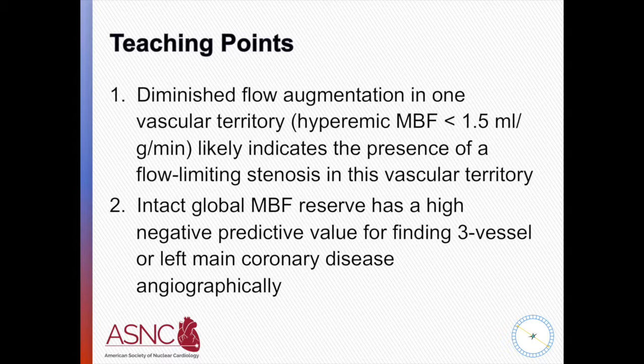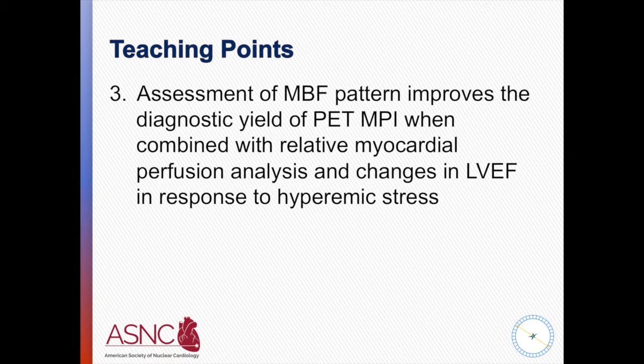Intact global myocardial blood flow reserve has a high negative predictive value for finding 3-vessel or left main coronary artery disease angiographically. Assessment of myocardial blood flow pattern improves the diagnostic yield of PET MPI when combined with relative perfusion analysis and assessment of left ventricular ejection fraction reserve in response to hyperemic stress.